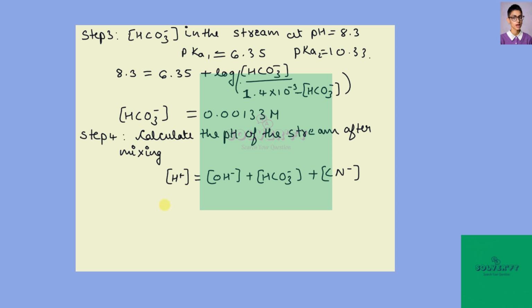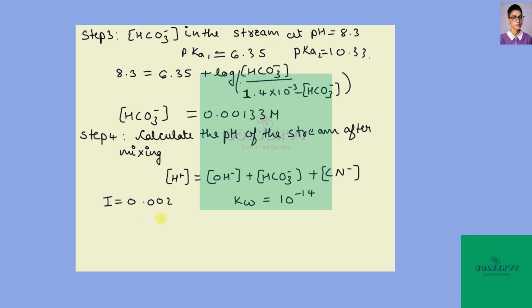So from here, since we know the ionic strength of the stream, which is equal to 0.02, we can find the concentration of H plus and the OH negative ions using the ion product of the water. So here the ion product, which is Kw of the water, the ionic product constant, is 10 raised to the power minus 14, and now we'll be using the Debye-Huckel equation to calculate the concentration of H plus ion.